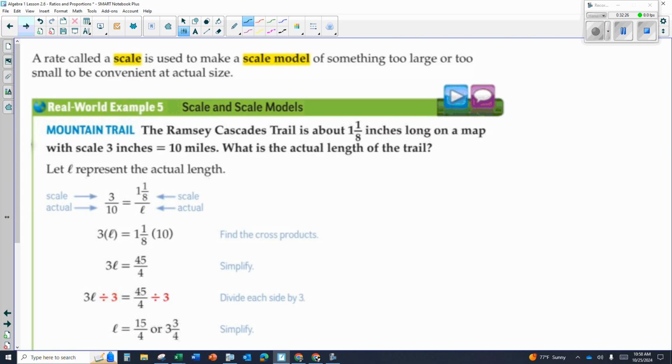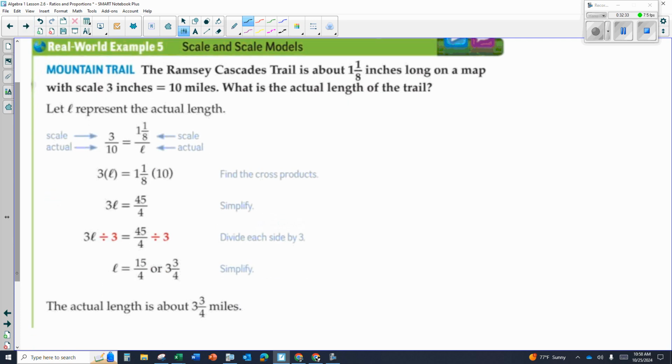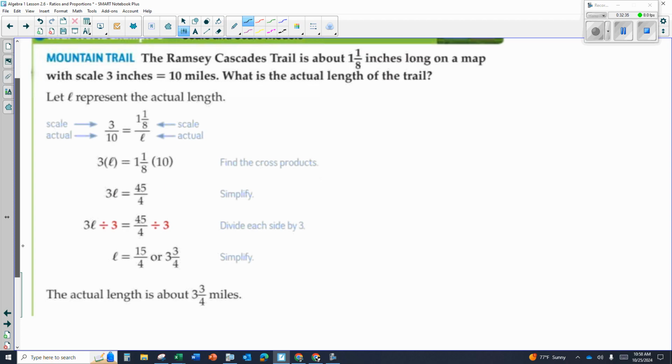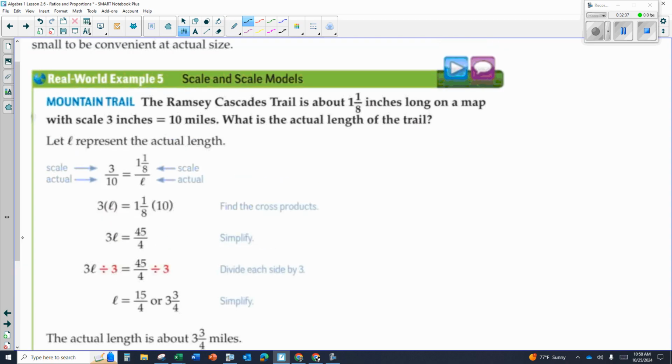So we set up scales to represent numbers that are too large or too small. So in this information, it says the Ramsey Cascades Trail is about 1 1/8 inch long on a map with a scale of 3 inches equals 10 miles. Well, that's a ratio.